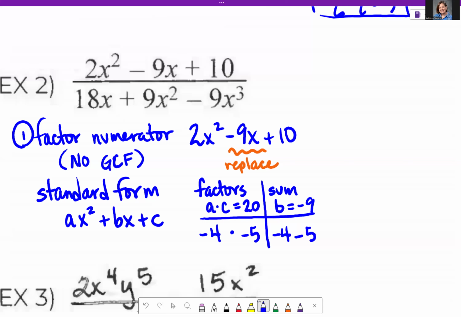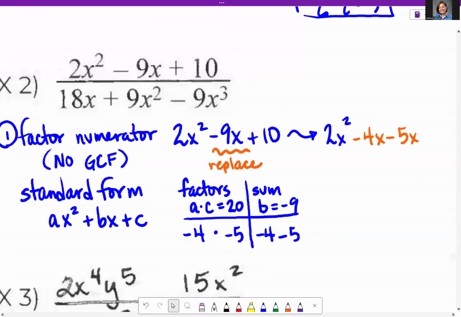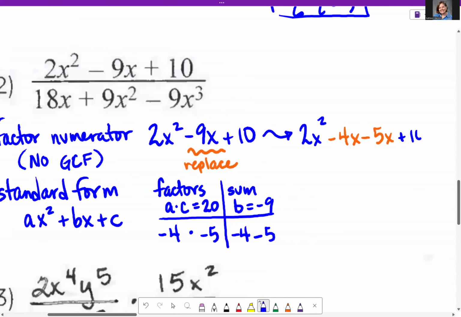So I can rewrite this polynomial as 2x squared minus 4x minus 5x plus 10. And I just exchanged out the middle. Then I split the polynomial in half, and I look for the greatest common factor for just the first two terms.